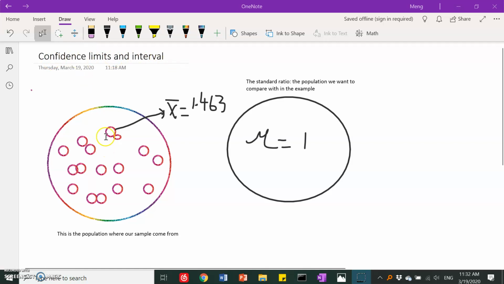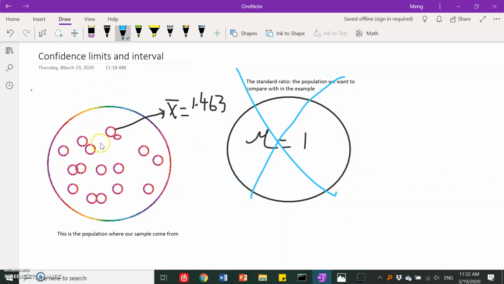The purpose here is we want to estimate the mean or the range of mean for this population where our sample comes from. So for this moment we don't care about this sample, and we don't care about this population anymore. All we want to do here is have an estimate about the mean range of this population where our sample comes from.